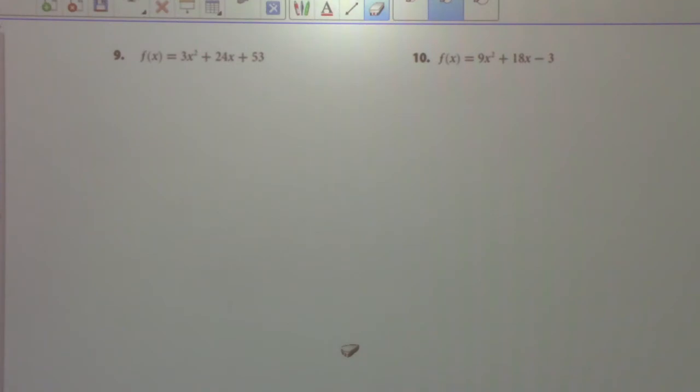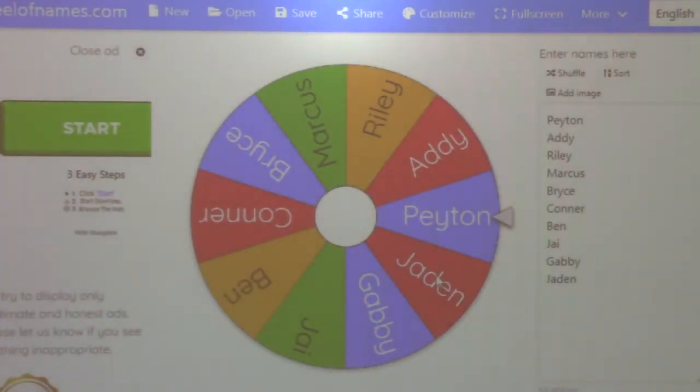All right, I'm going to have someone help me with this. And I'm going to spin the wheel here. Let me go ahead and shuffle this a little bit.